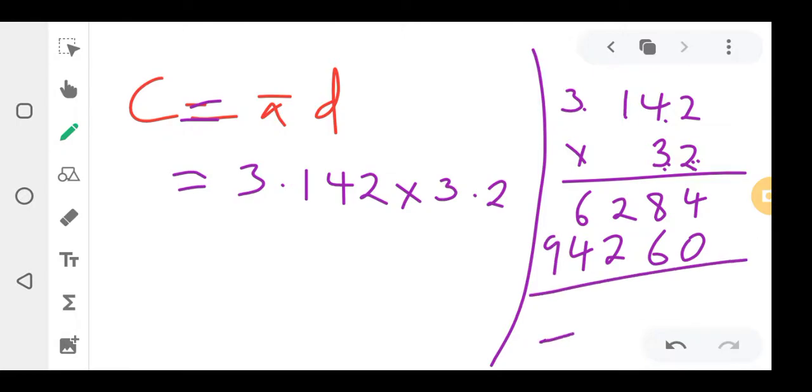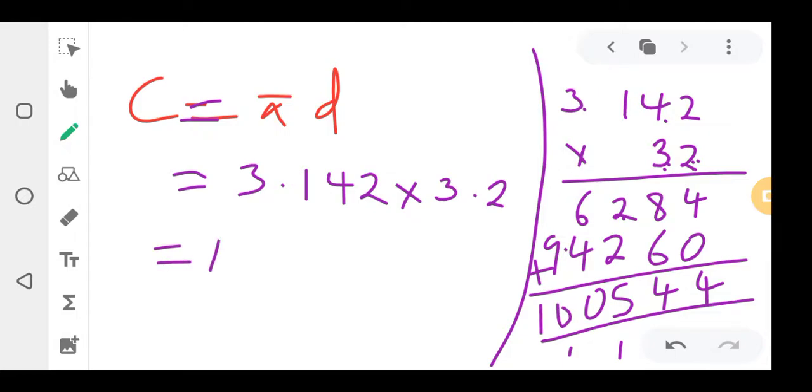So when you add, that will be 4, 14, carry 1, 4 plus 1, 5. That is 10, 0, carry 1, 9 plus 1, 10. So when you multiply that, the answer I'm going to get is 0, 0, 0, and then 5, 4, 4.